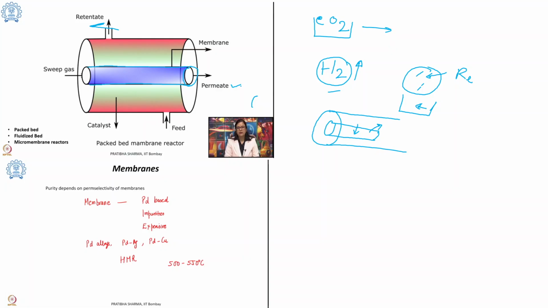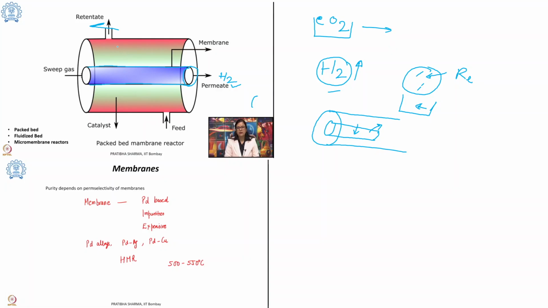This means that the hydrogen gas is here. In this case, hydrogen gas is given permission to pass through the membrane, so the hydrogen gas is permeated. What is happening?